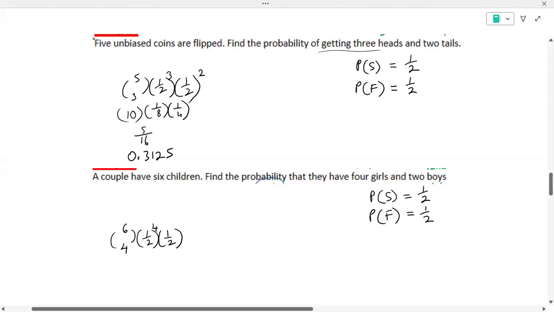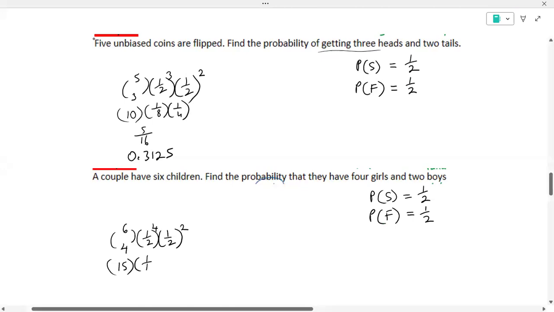The bottom number goes there. 6 take 4 is 2. So just be careful that you, again, are looking at the right page. There's the binomial theorem, and then there's the binomial distribution. This is the one on page 33. So now we have a half to the power of 4.